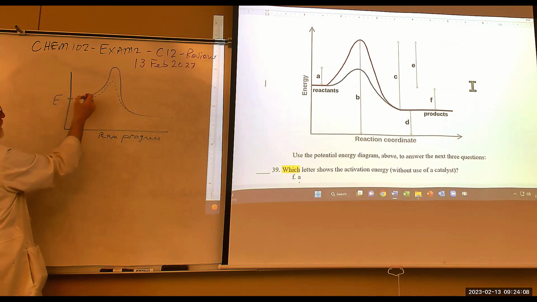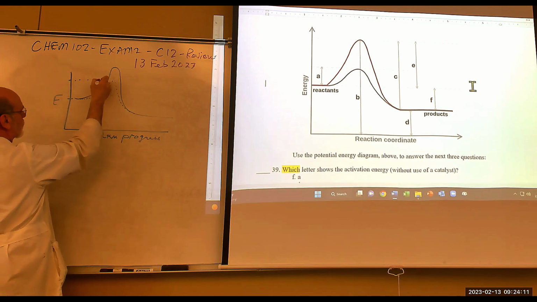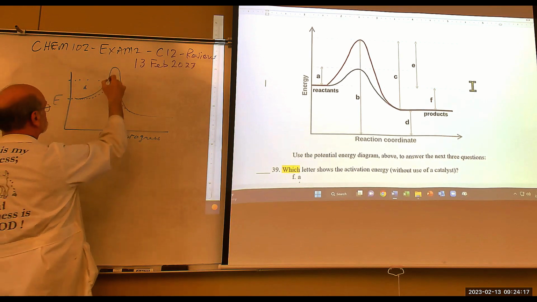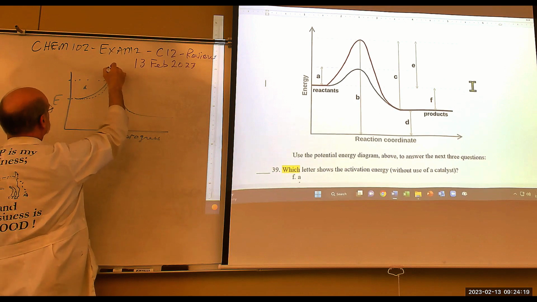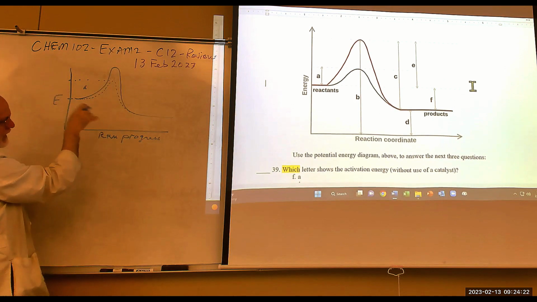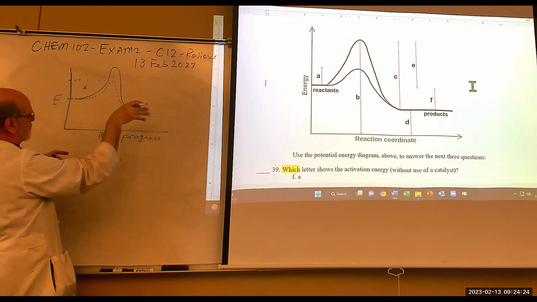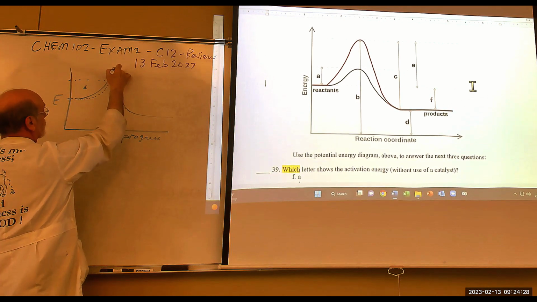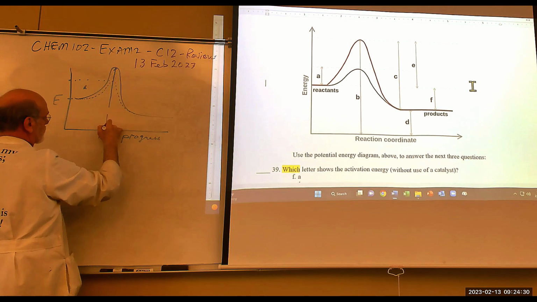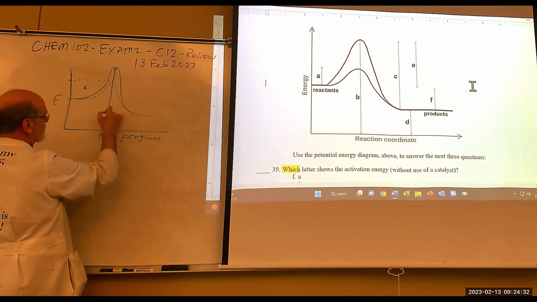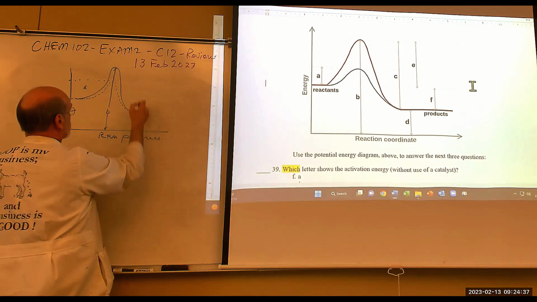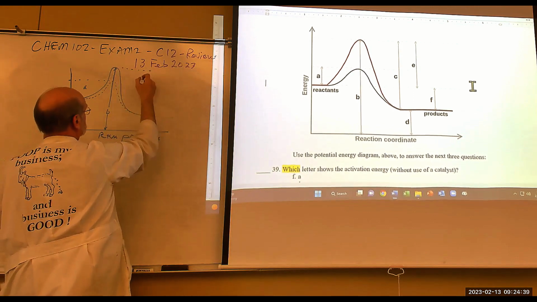So the difference between here and here is A. The difference between, let's see, I don't want to put it over there. We go from here all the way down to here. This is B. And then if we go from here to here, right?